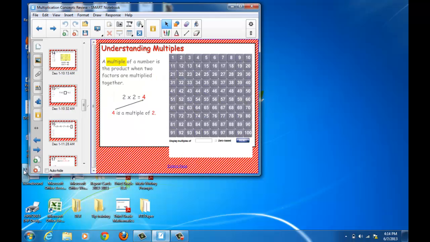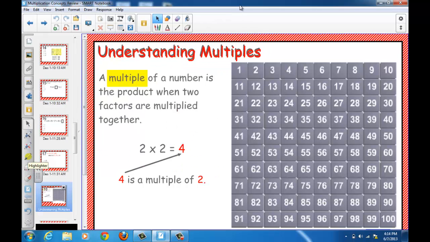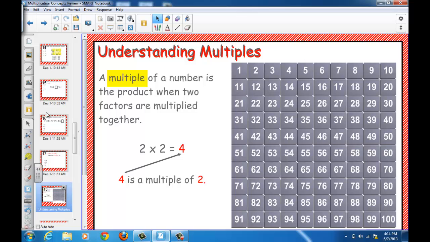You can come over here and you can actually click on it to count all the multiples of 2's, and you can also flip them back around and do different types of multiples, so they can see how patterns occur, like when you do the 5's, all the multiples of 5's.